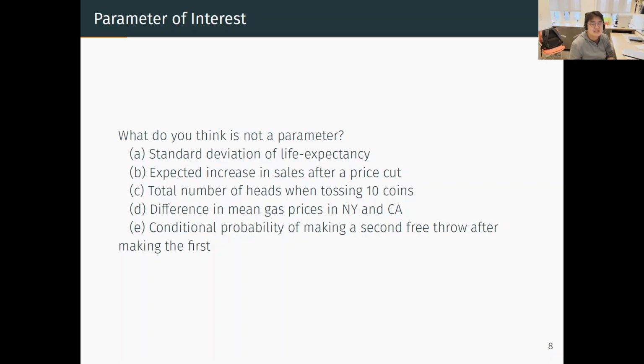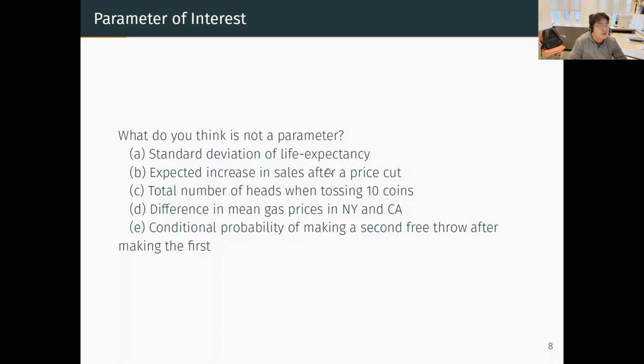The simple idea is, first, we should be able to calculate the parameter if you observe everything. That is the definition of parameter. If you could observe infinite number of observations, you should be able to calculate the true parameter. For example, if you observe the life expectancy of everyone on Earth, then you can calculate standard deviation.